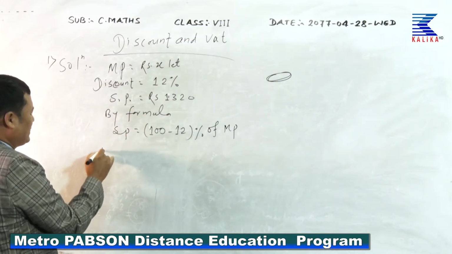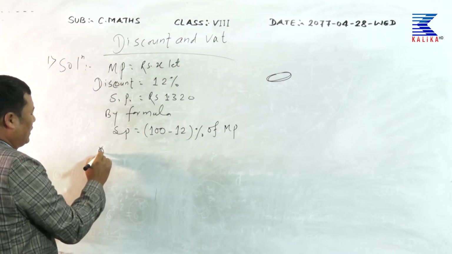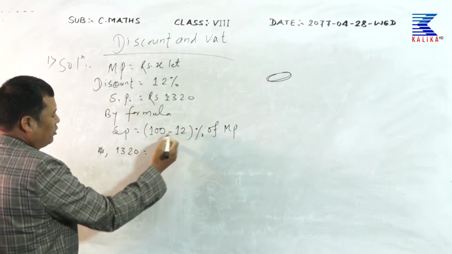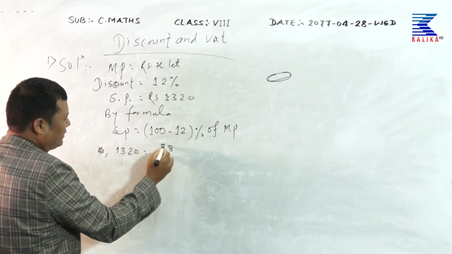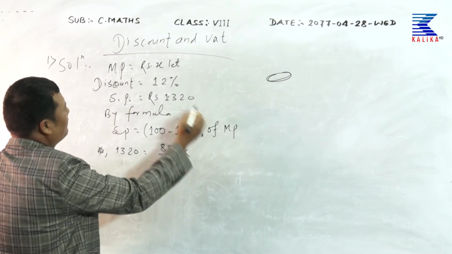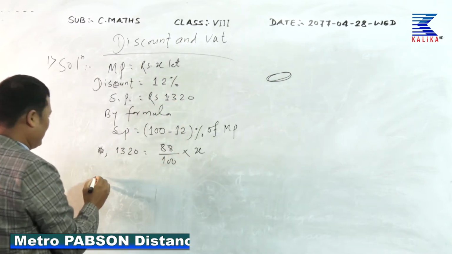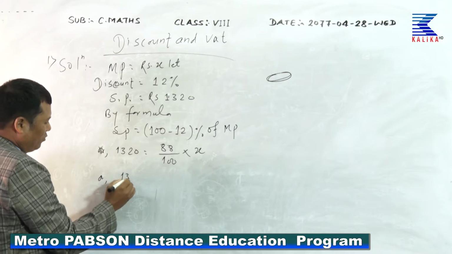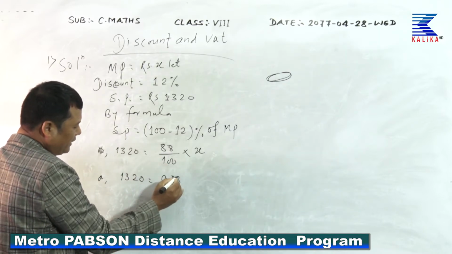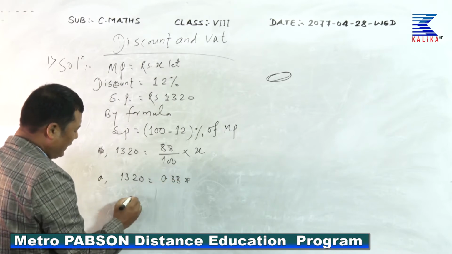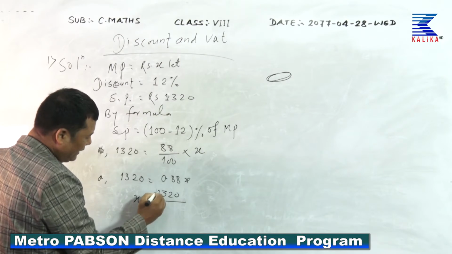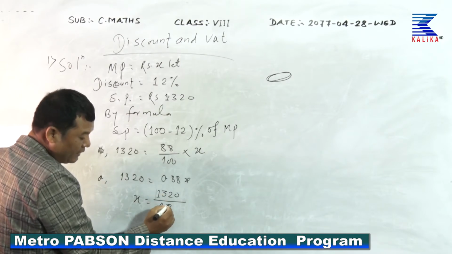Rs 1320, what will that be? 88 by 100 into MP, where MP means X. Then calculate: 1320 is equal to 0.88 X, and X is equal to 1320 divided by 0.88.